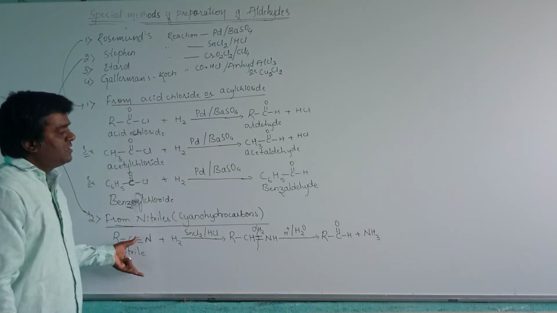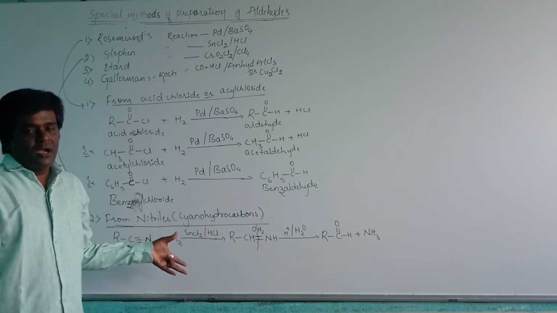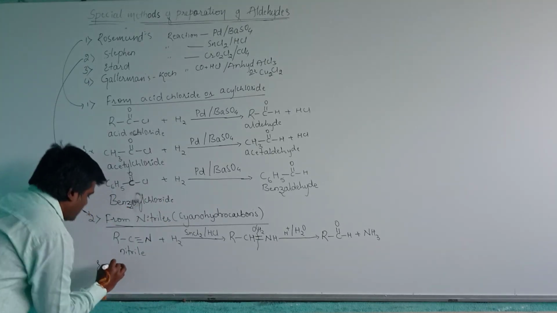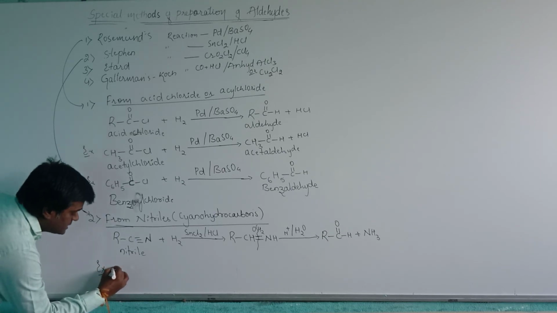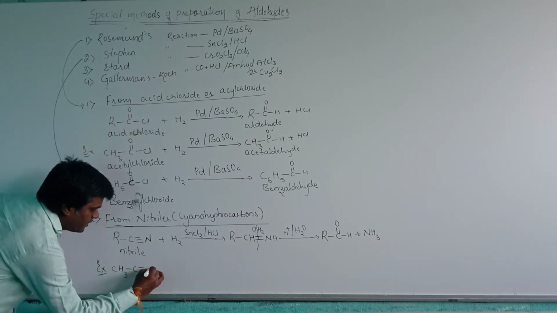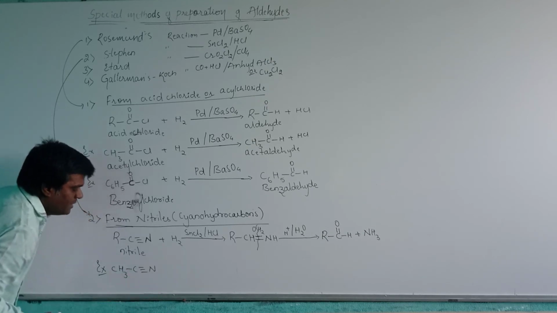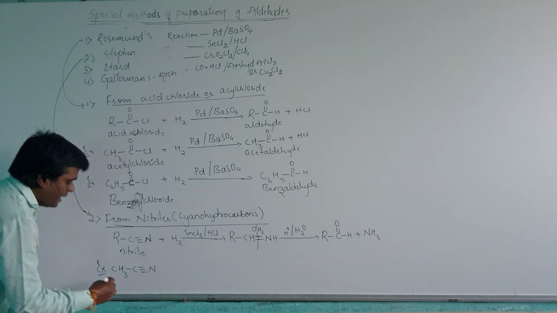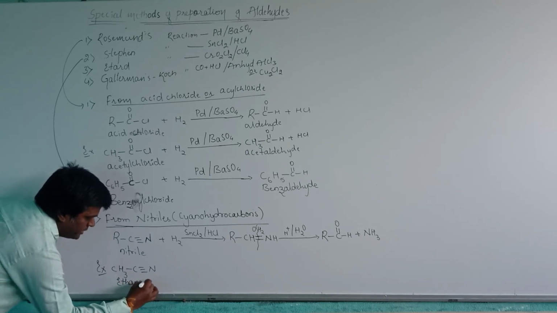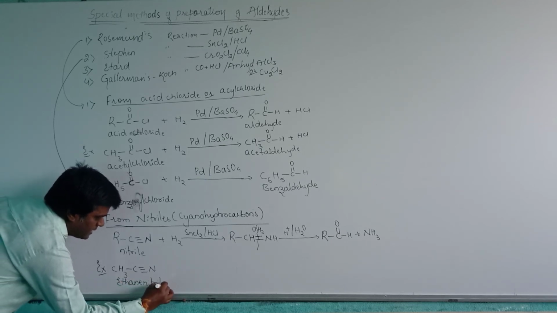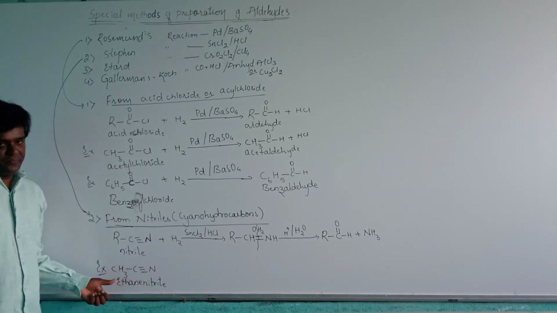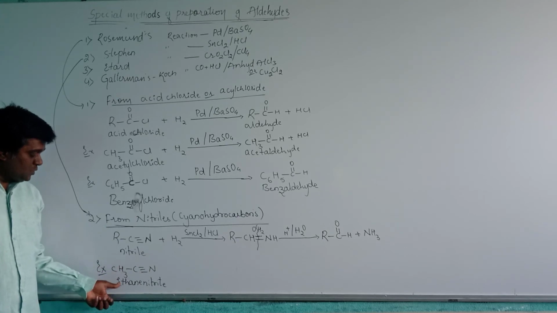This is the general representation, and we will discuss an example. The example is CH3 C triple bond N, and the name of the compound is ethane nitrile, or another name is cyanomethane. Cyanomethane is also the IUPAC name.